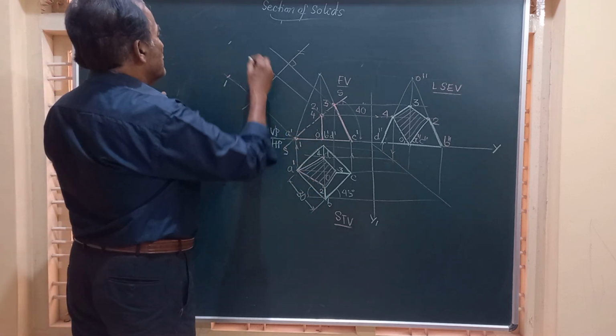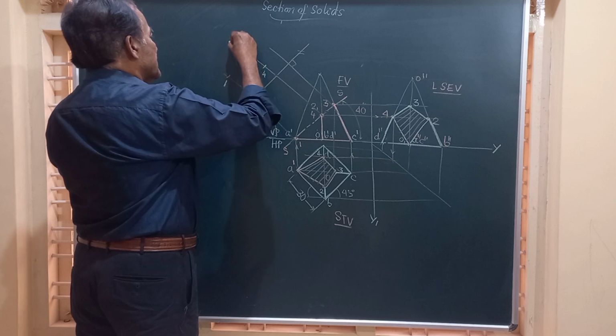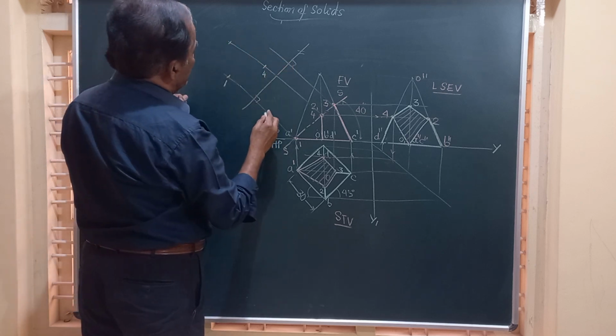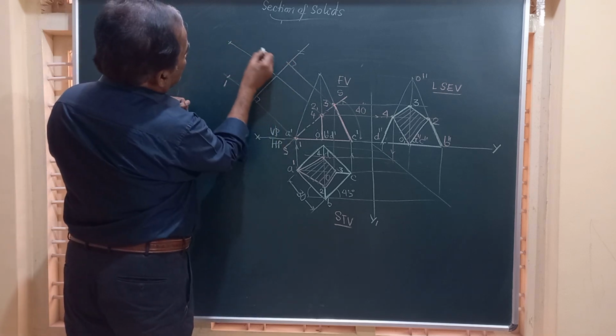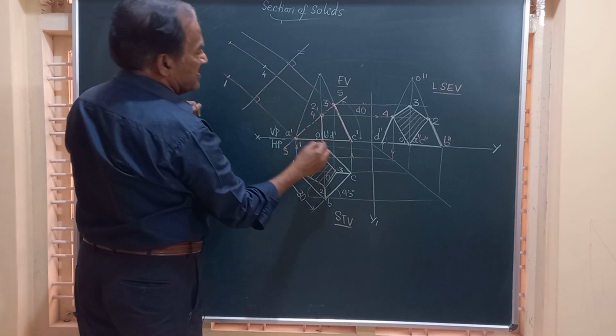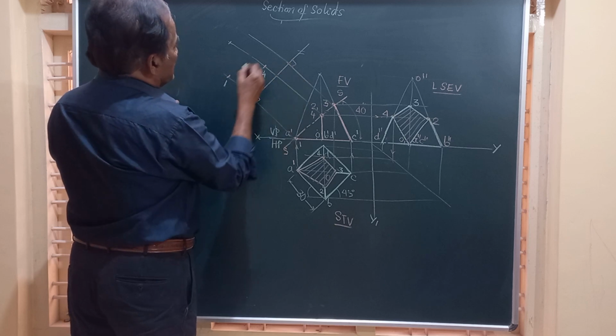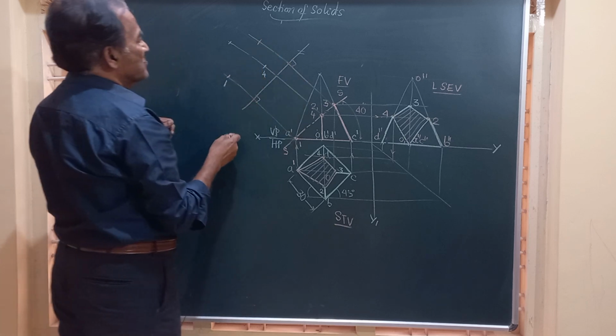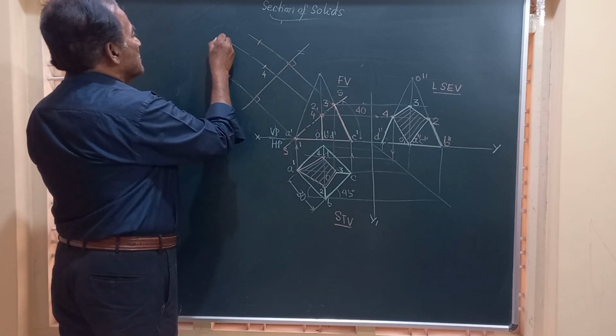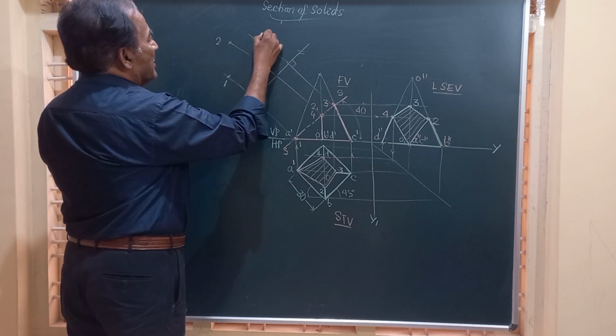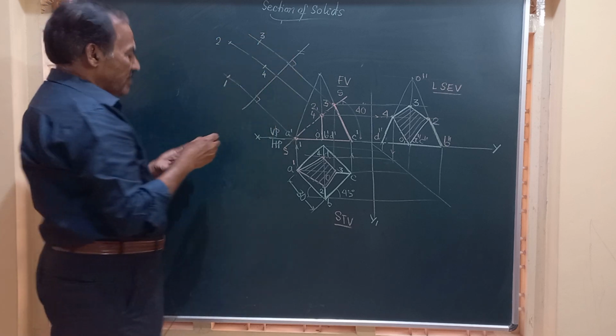So friends, we are going to have this line extended and mark that point on that. Finally friends, we have this point 3. So distance of 3 comes exactly in between these two. So this is 1, point number 2, point 3, and this is point number 4.